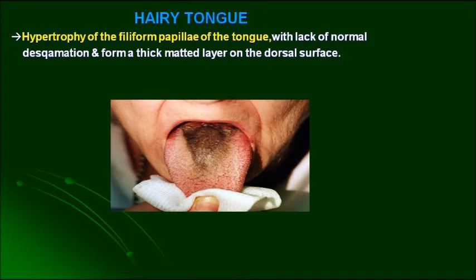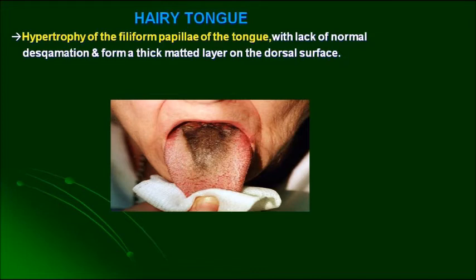Coming on to hairy tongue. It's very clear, a very important MCQ. Which papillae is overgrown in case of hairy tongue? It is the filiform papillae. A very important question routinely asked. In hairy tongue there is hypertrophy, not hyperplasia. Hypertrophy and hyperplasia are different terms. Hypertrophy means increase in size.